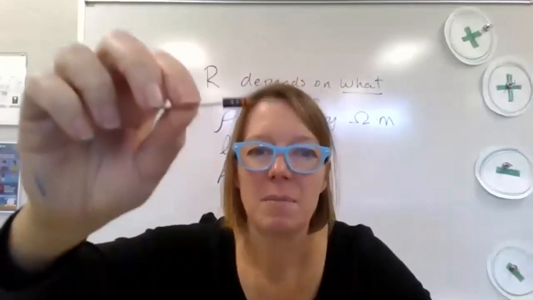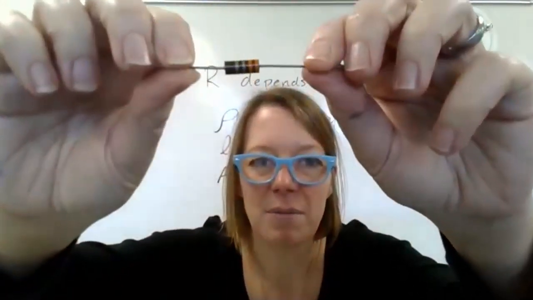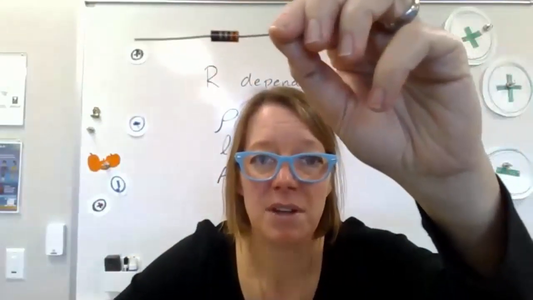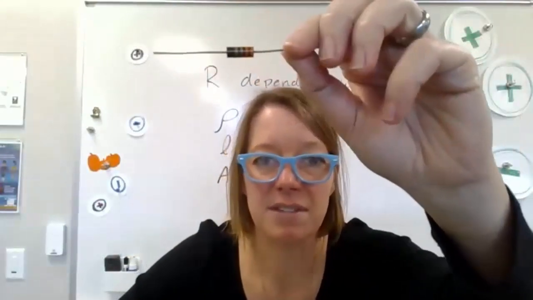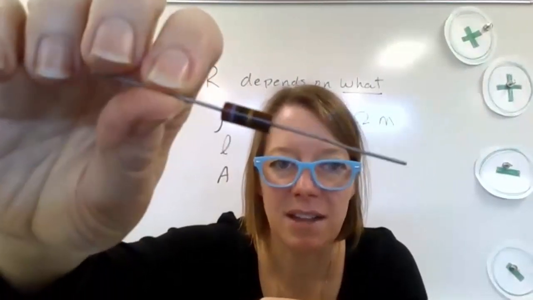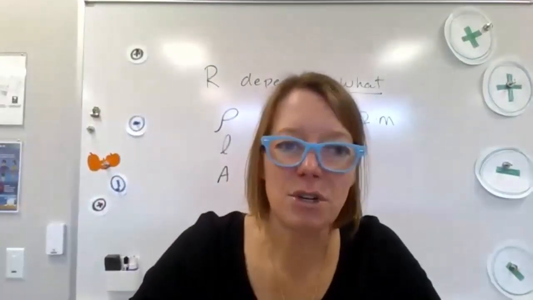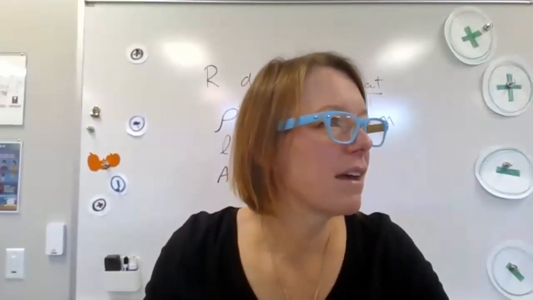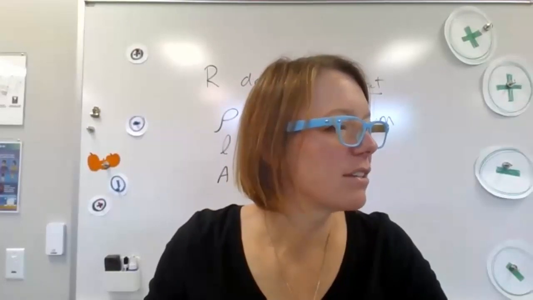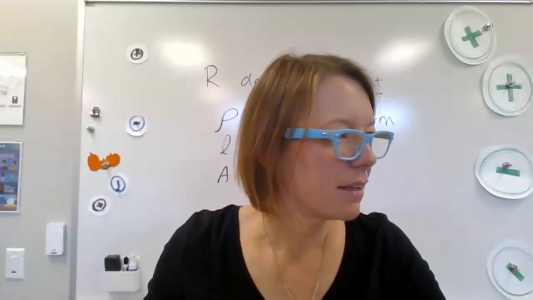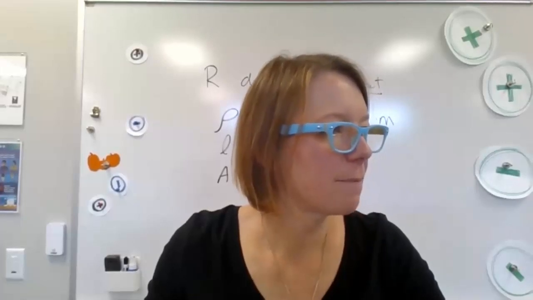So by putting colors all the way around it, I can look at the colors and determine what the resistance of this thing actually is. And so here's one that's got different colors and therefore a different resistance. So there's a code for figuring out the colors of a resistor. So let me go back to my notes for a moment.